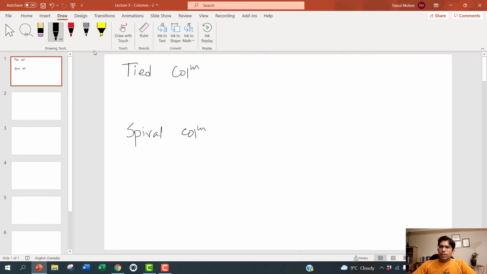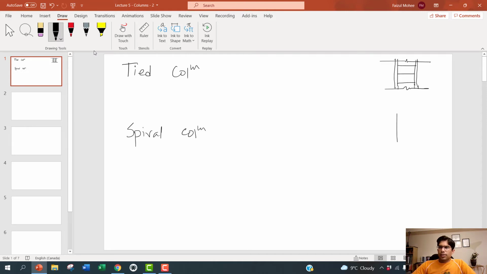So what is a tied column? A tied column has a beam, a column, and the rebar, and then there is a tie, and another tie, and another tie. This is the tied column.